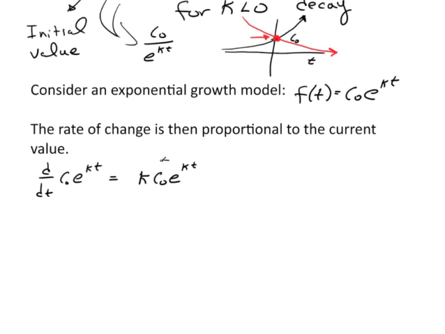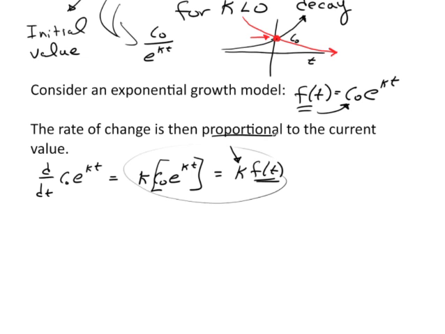But you notice right here, this is my original f of t. So I could write this as k times f of t. So it's this value, f of t, the same thing we started off with, multiplied by some constant k. Hence the reason we say that the rate of change, it is the first derivative, is proportional to the current value.